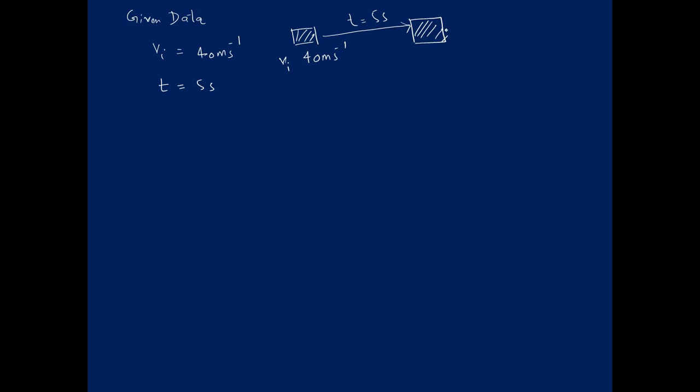Then the driver of the car applies brakes and the car started to decelerate and it comes to rest after 10 seconds. So when the car is at rest, its final velocity is 0 meter per second.